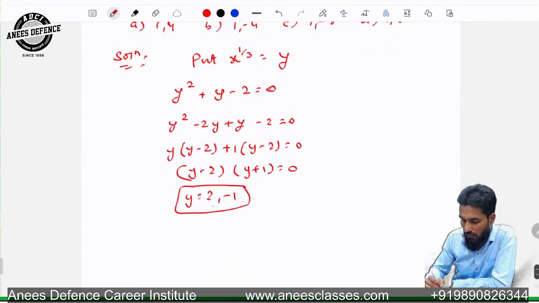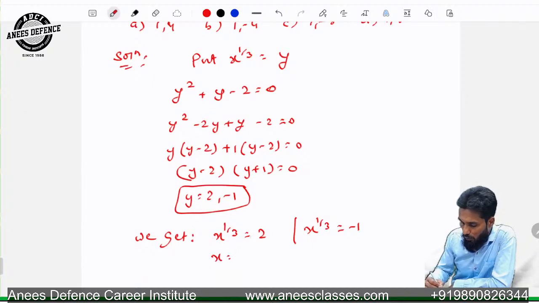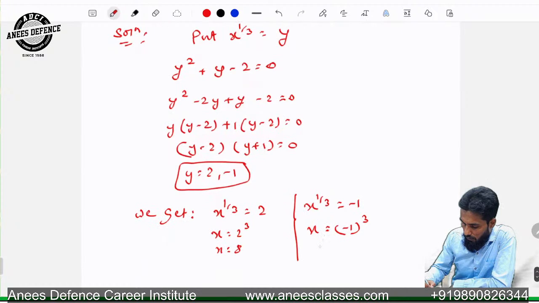But this is not the root, because we have taken x raised to 1 by 3 as y. Again, replace those values in place of y. So we get x raised to 1 by 3 equal to 2, and again x raised to 1 by 3 equal to minus 1. Cubing both sides, it becomes 2 cube, so the x value here you will get 8. And when you cube here, you will get minus 1 to the power 3, so minus 1 to the power 3 equal to minus 1.